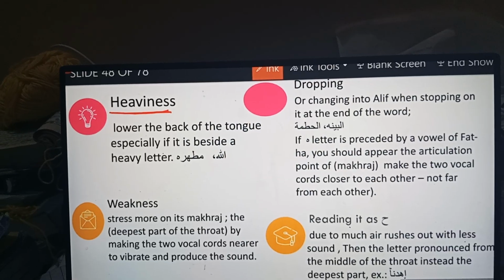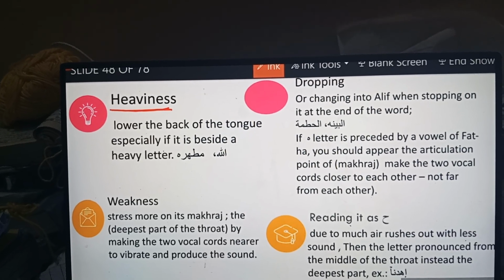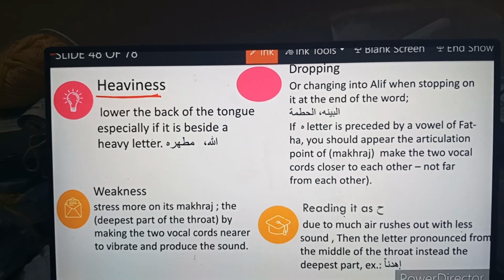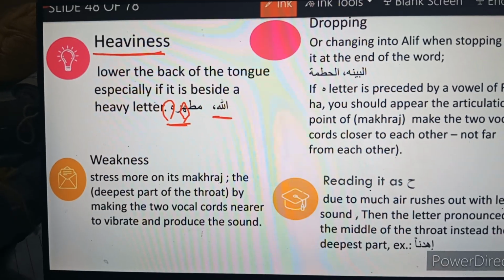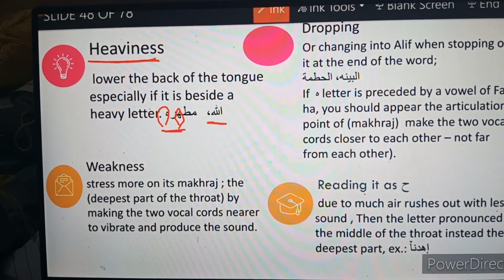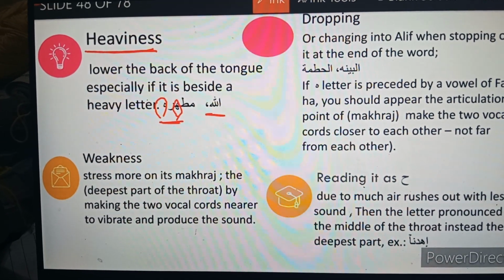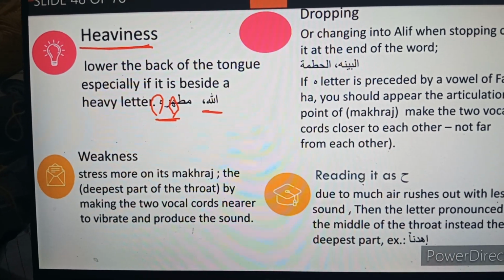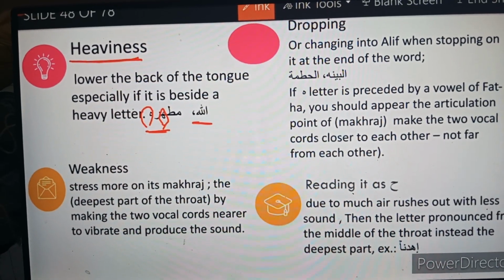The tongue is elevated for the lam, so from the common mistakes is that the reader may continue the elevation and say oh, whoa.